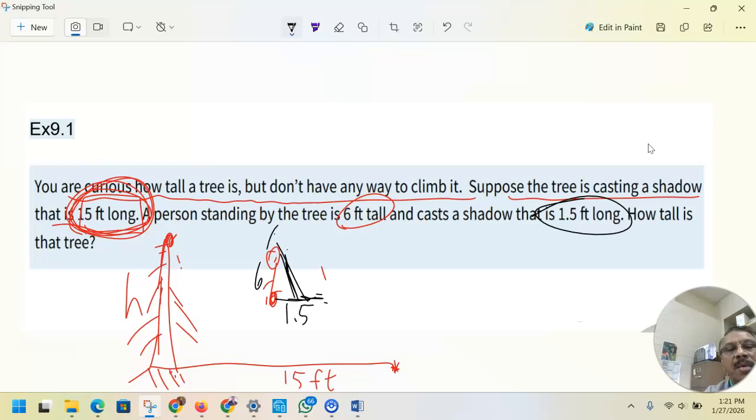This doesn't look good. What I'm trying to say is, 6 feet basically means this. So this is 6 feet.